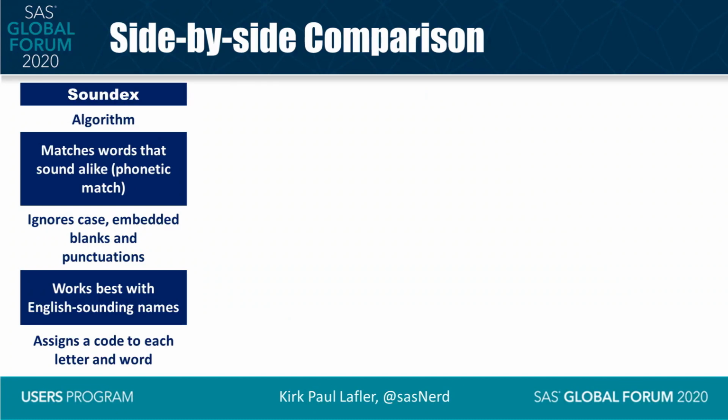Here is a side-by-side comparison of each of these fuzzy matching techniques. SOUNDEX is an algorithm that matches words that sound alike, hence the name phonetic match. It ignores case, embedded blanks, and punctuation. It works best with English-sounding names. It assigns a code to each word.